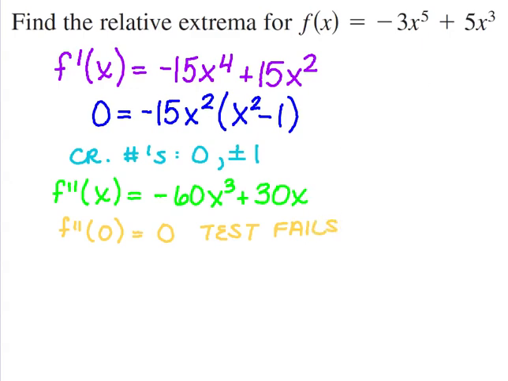Now I'm going to plug in positive 1. If I plug in positive 1, what do I get? Negative 30. So that tells me I have a max, because remember, it was the opposite. Next one, f double prime of negative 1.